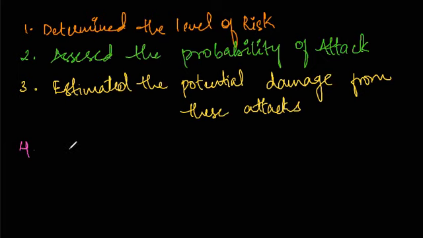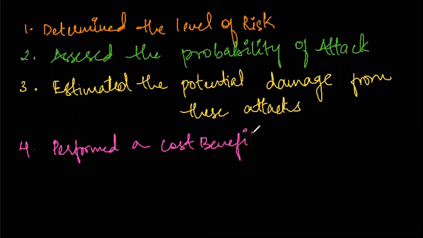Then the next one is you have performed a cost benefit analysis. That is CBA. We're going to study this in detail. Now, cost benefit analysis, as I told, it is like the amount of cost, the amount of money that is used to implement that protection is going to be way less than making a backup of those files or trying to again re-establish that particular asset.